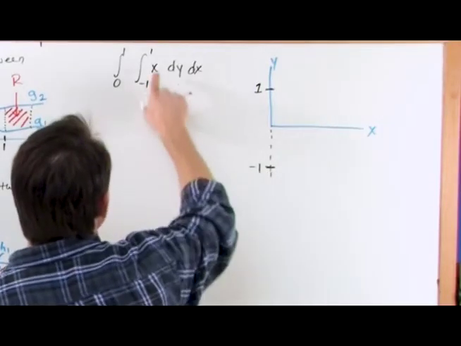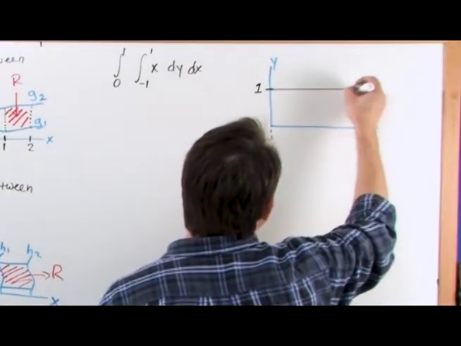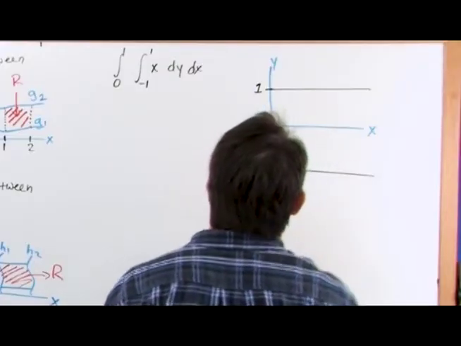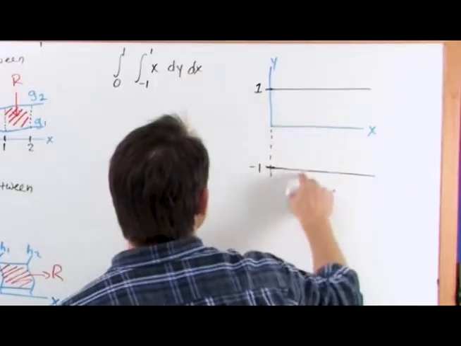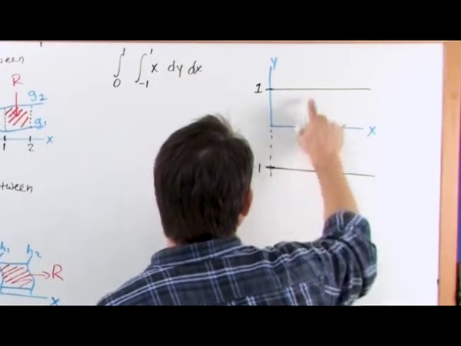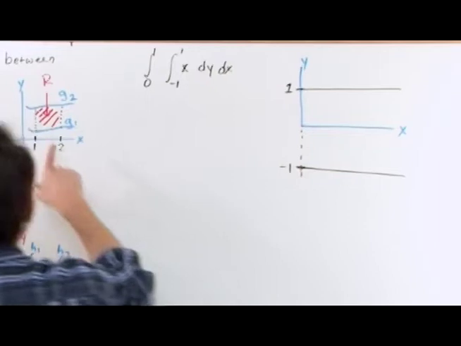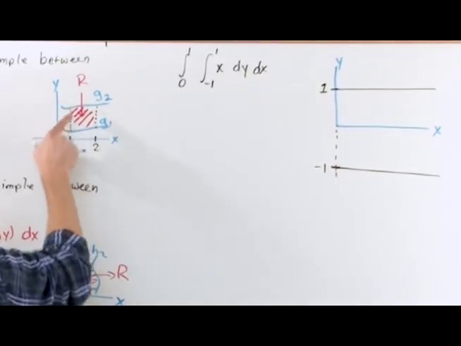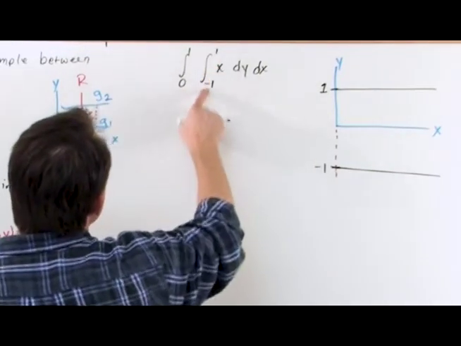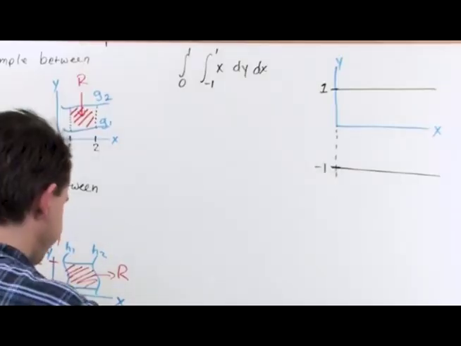Because they're just constants, this is just a line that goes like this, and this is just a line that goes like this. So these are the two functions that are bounding my region, exactly in the same way that these two functions are drawn over here. It's just that this function is a very simple function. It's a constant, okay?